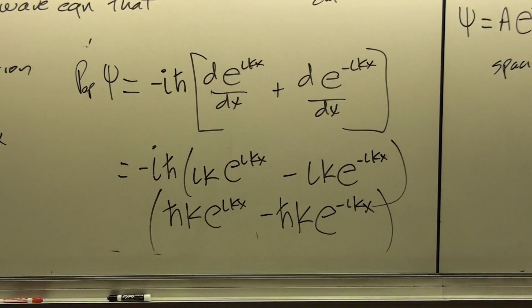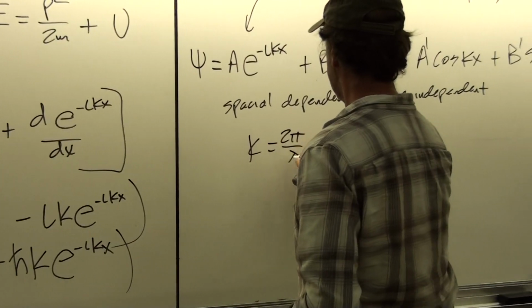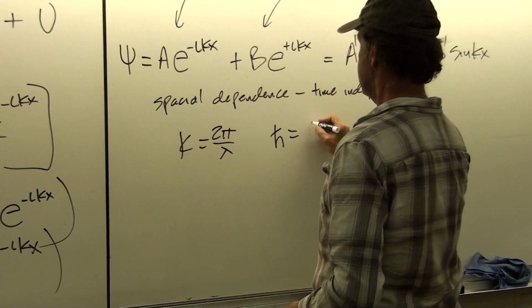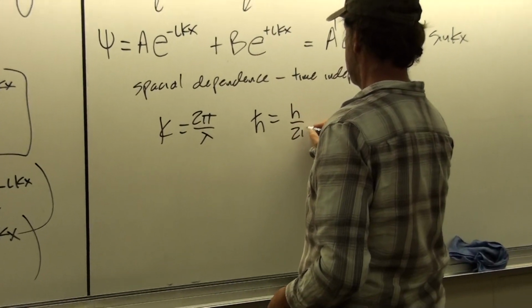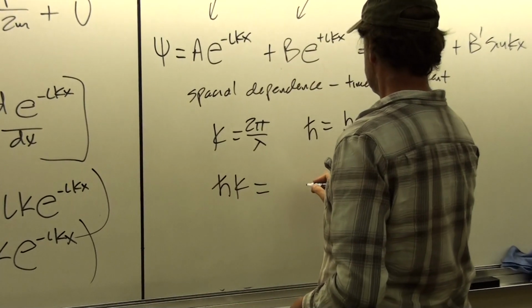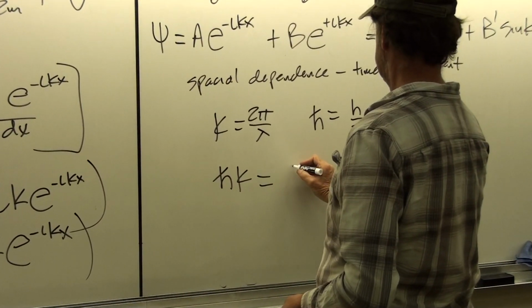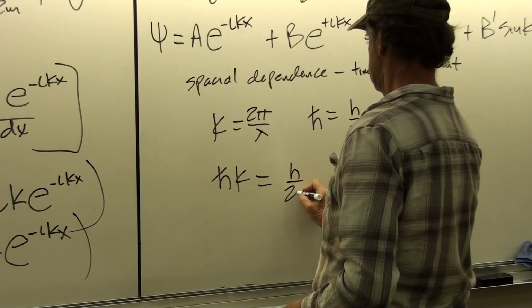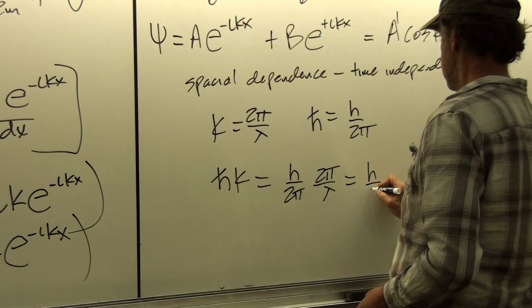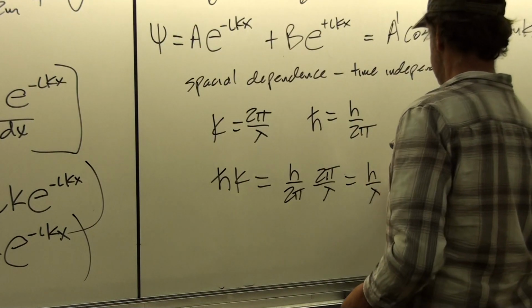Now, this is interesting. If we make use of the fact that k is equal to 2 pi over lambda, and h bar is equal to Planck's constant over 2 pi, then that gives us h bar k is equal to, the 2 pi's are going to cancel, just h over lambda, which is equal to p.